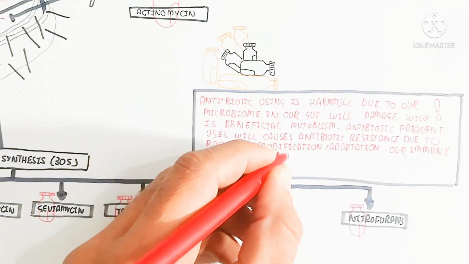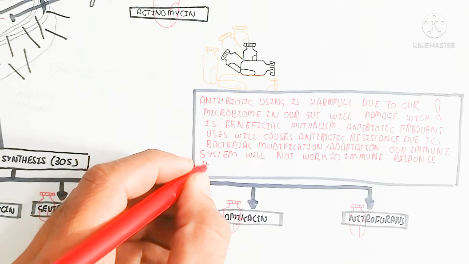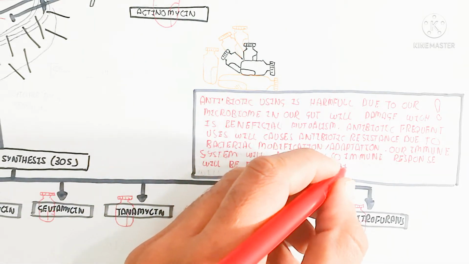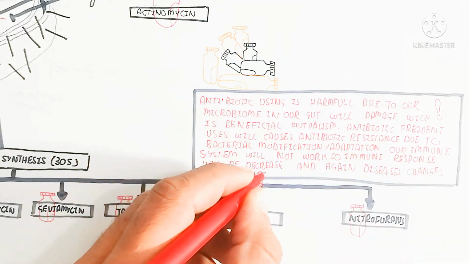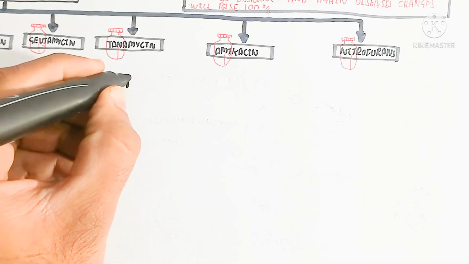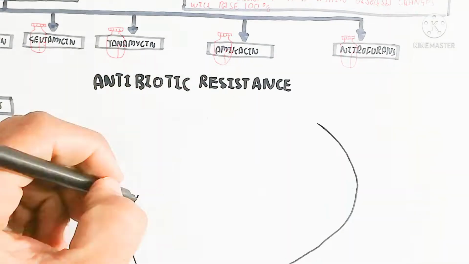Supplementary vitamin K and short chain fatty acids should be supplied after antibiotic injection, because the beneficial bacteria are also killed, and that is the side effect. The immune response is also decreased due to this effect.